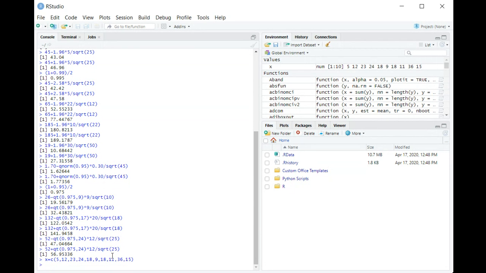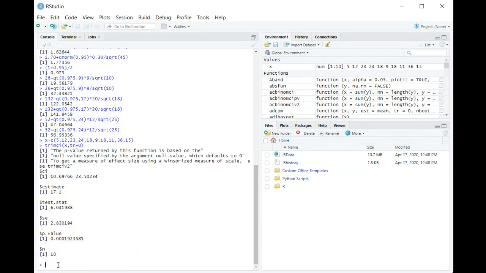And for this one, we're just going to use that trimci. And since it's x, and that's the 20% trimmed, okay. So it should give you the confidence intervals right here. So it's these right here. Okay.